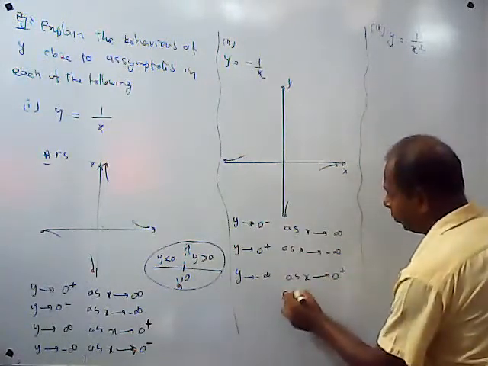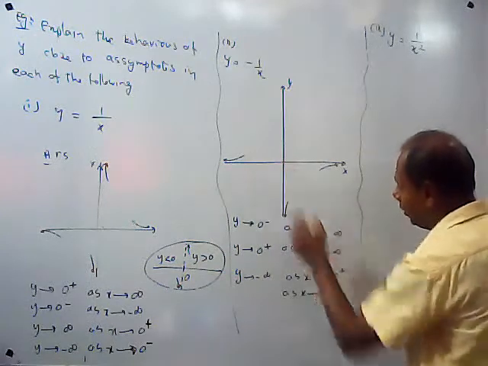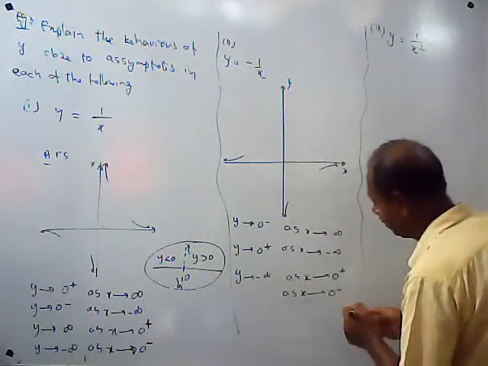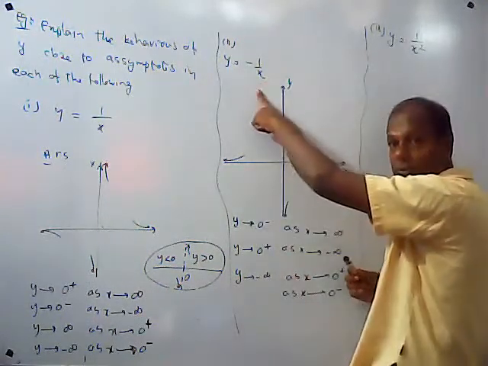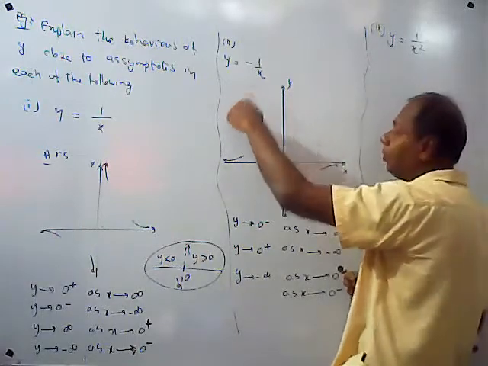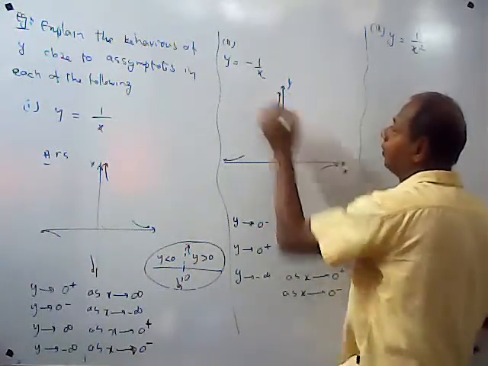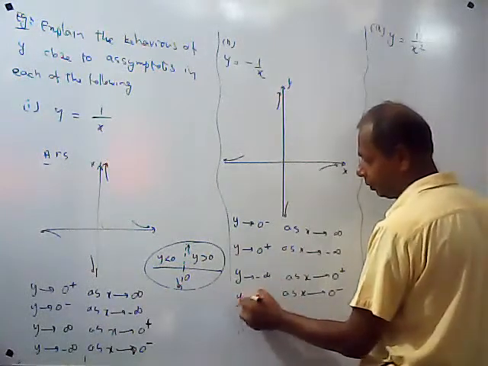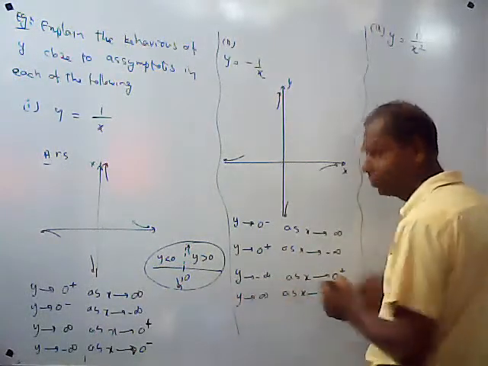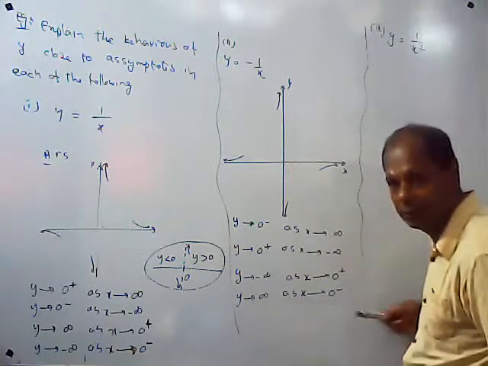Similarly, as x goes to 0 from negative side, x is negative, minus 1 over x will be positive, then it will go to positive infinity. This is the answer. Y will go to positive infinity as x goes to 0 from negative side.